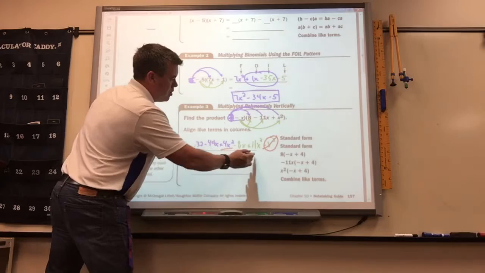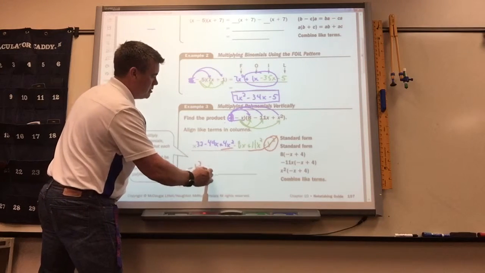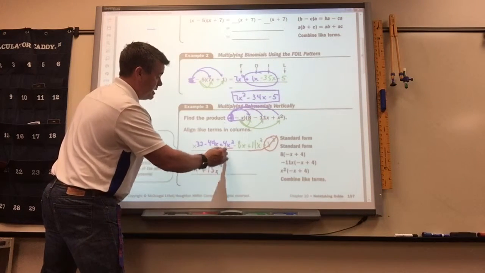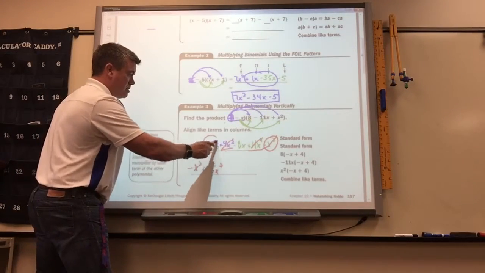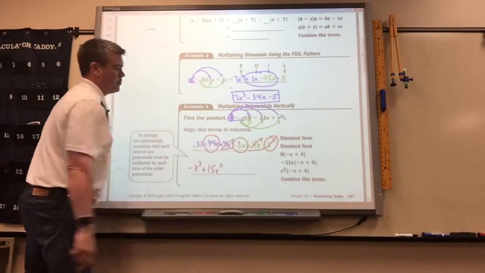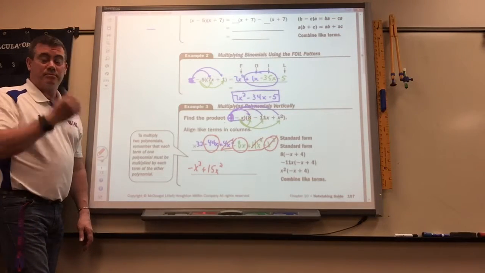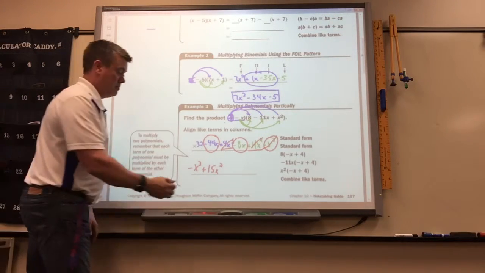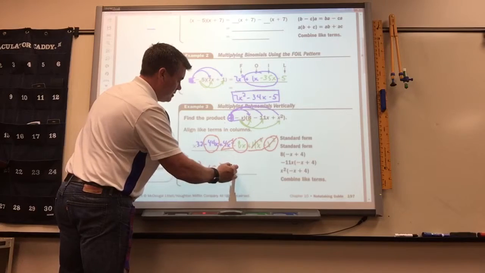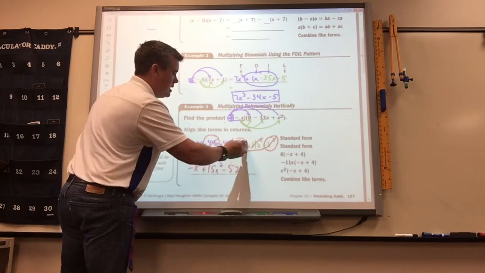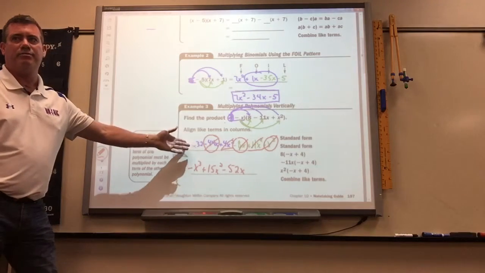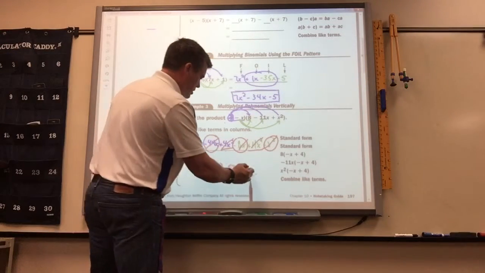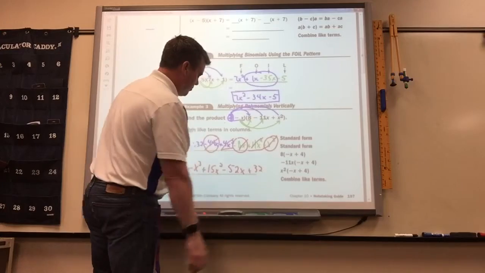There's a positive 4 and a positive 11, so positive 15x squared. Then go on to the x's. What's that make? Negative 52x. And then there is only one constant, the 32, and there's no sign in front, which means it's positive, so you just put plus 32.